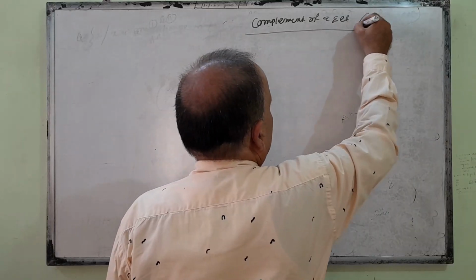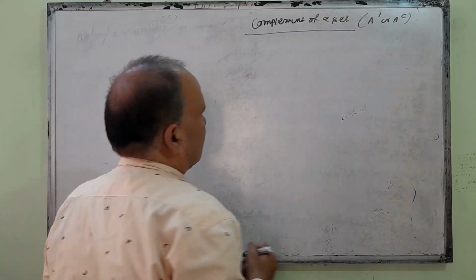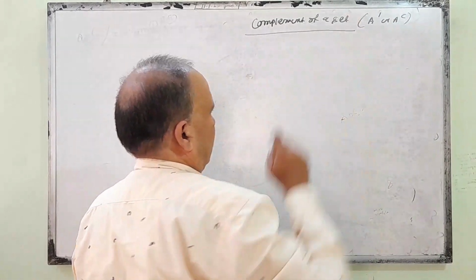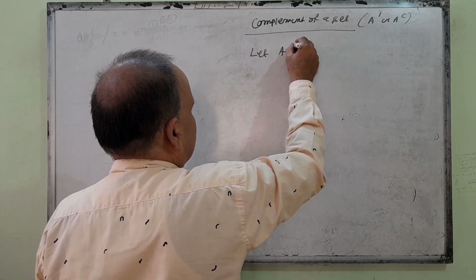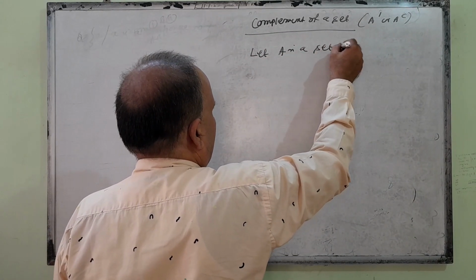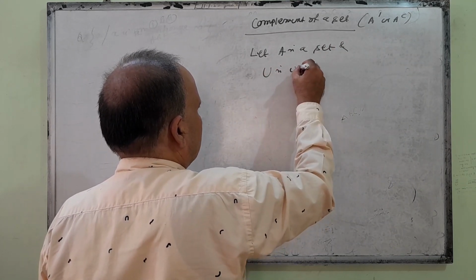If A is a set, its complement is written as A dash or A^c. It means elements that are not present in A. You see, let A be a set and U be the universal set.